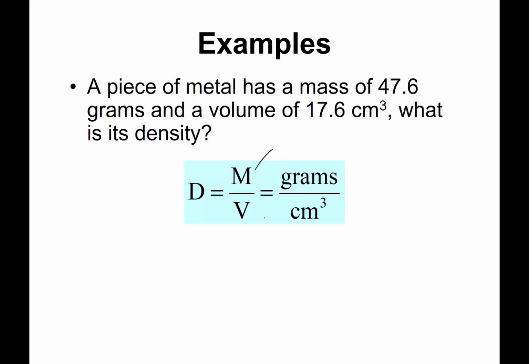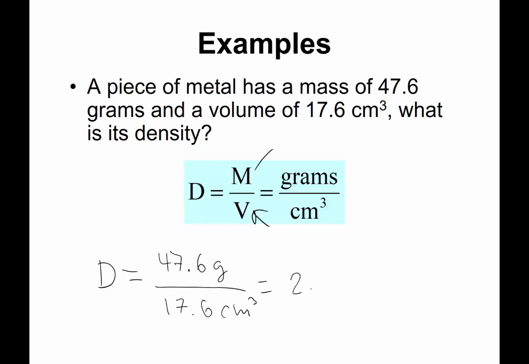You're given mass and you're given volume, and so the density of this piece of metal would be the ratio of 47.6 grams divided by 17.6 centimeters cubed, which is 2.70 grams per cubic centimeter.